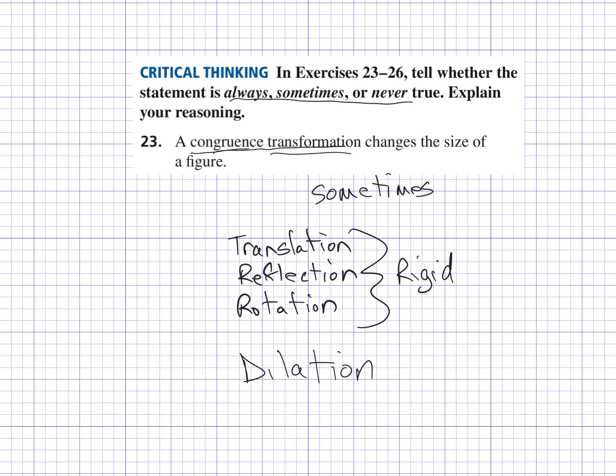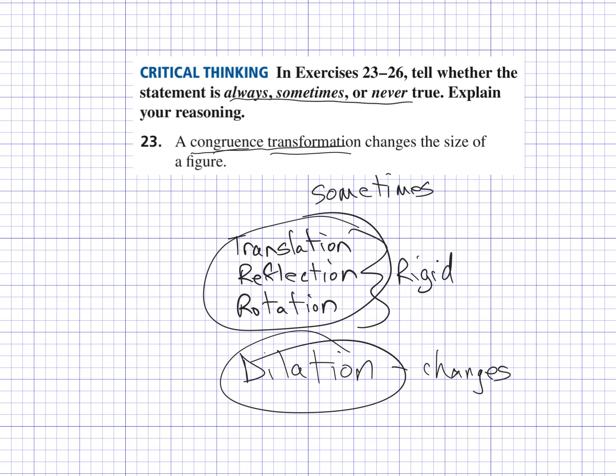So what we're trying to have you understand is that all of these are transformations. Dilation changes your size. So they're saying a congruence transformation changes the size of the figure. Well, that's only sometimes, and that's only if it's a dilation. And if you're only talking about these three here, then it's never.